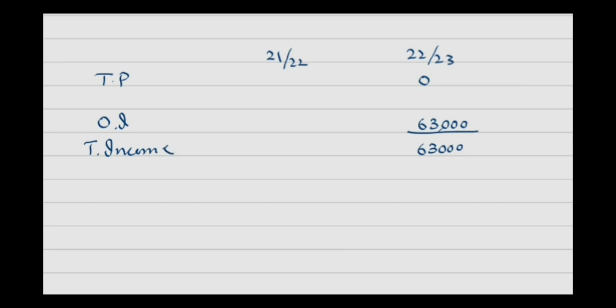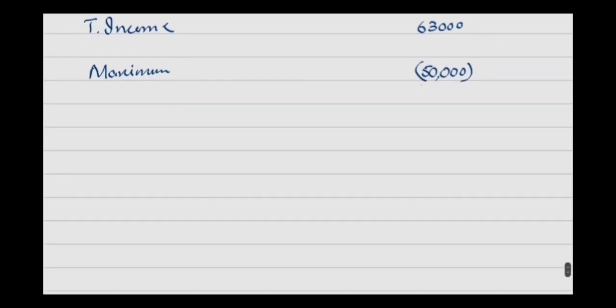As we are setting off loss against other income, not against the same trade profit, the maximum restriction is applicable. So according to the maximum restriction, 50,000 of loss can be set off in the current year. The remaining amount would be 13,000, and after deducting the personal allowance of 12,570, it would be only 4,030 taxable income.